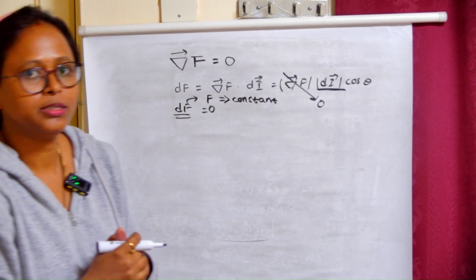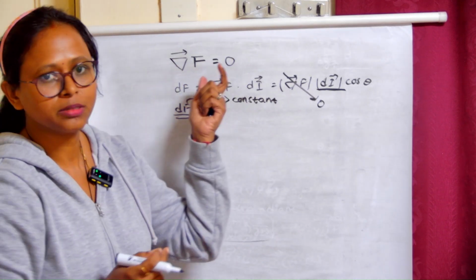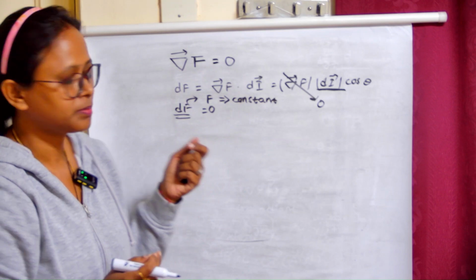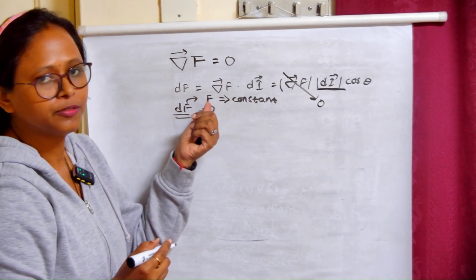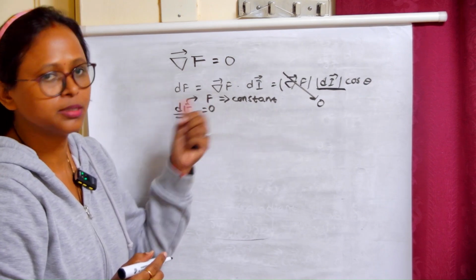So at any point, if the gradient becomes 0, it means that there is no change occurring in the function at that point.